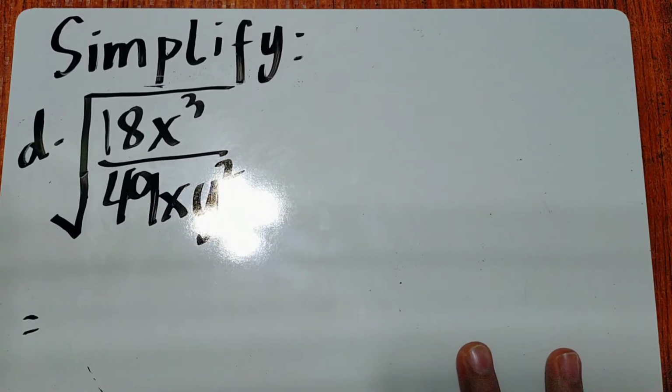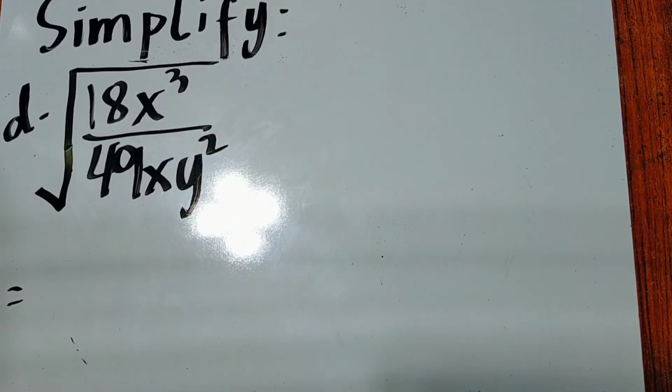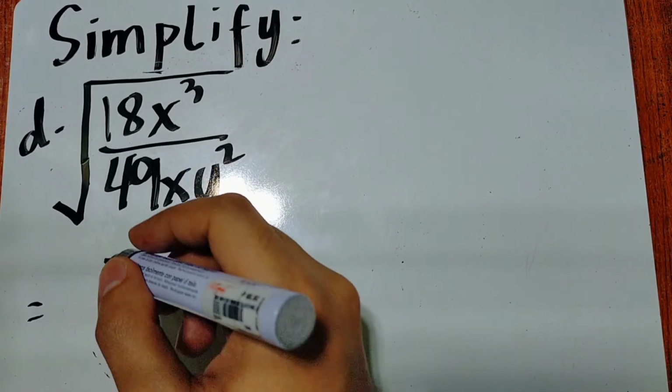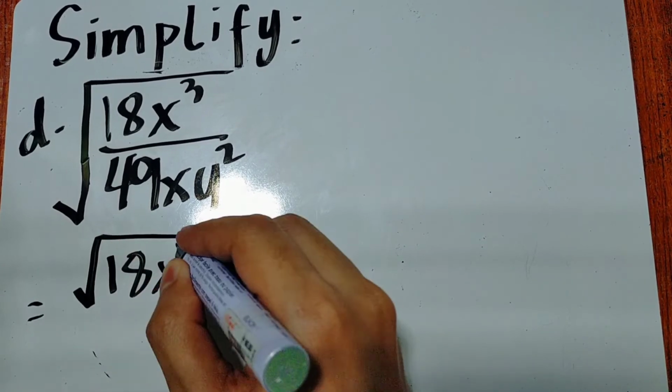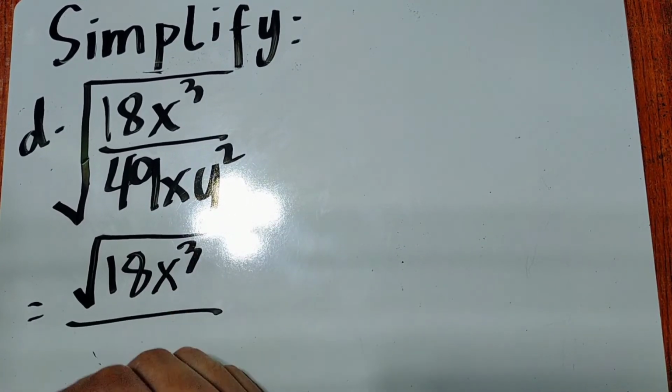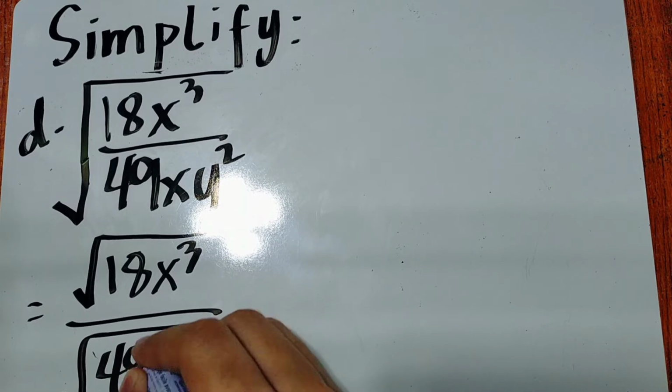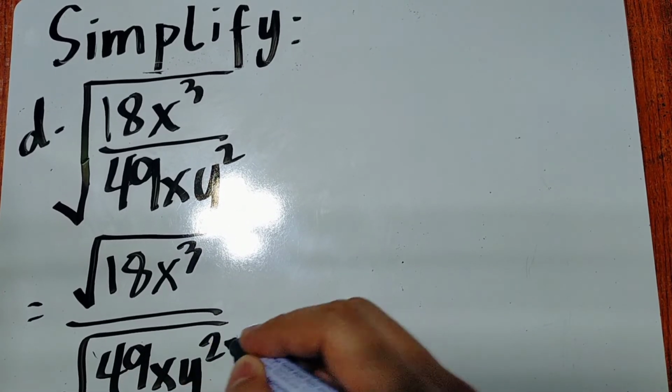Another example that we have here is the square root of 18x cubed over 49xy squared. So, again, paghihiwalayin muna natin sila. So, this will become the square root of 18x cubed over the square root of 49xy squared.